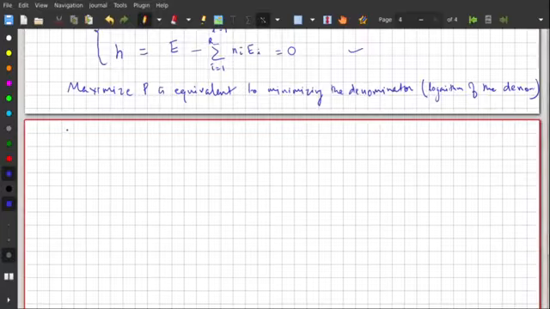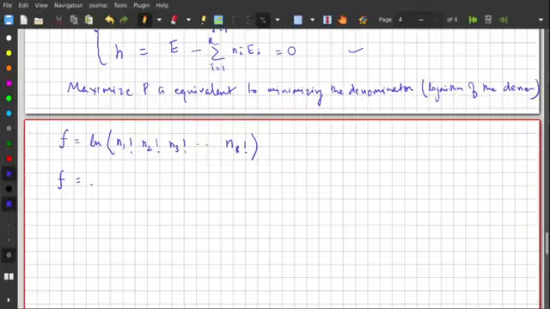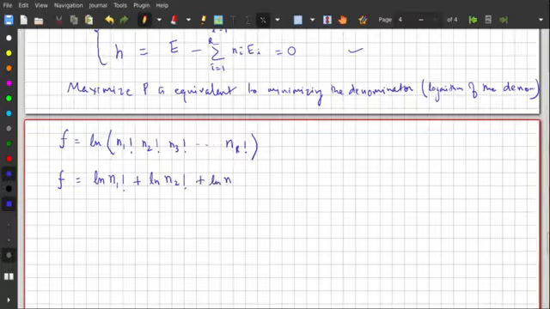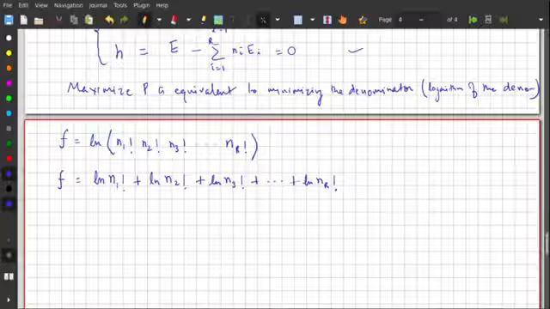So the function that we are trying to minimize is f, the log of n1 factorial, n2 factorial, n3 factorial, up to nr factorial. Using the properties of logarithm, where the log of a product can be converted into additive quantities, you can write this as log of n1 factorial plus log of n2 factorial plus log of n3 factorial, up to log of nr factorial.